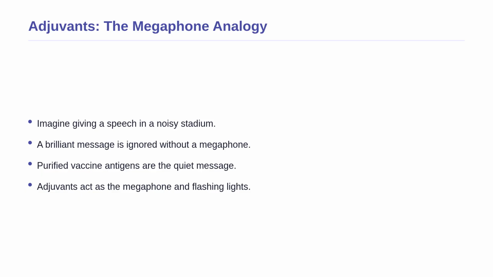In the world of immunology, an adjuvant acts exactly like that megaphone. When we give a vaccine, the purified antigen is the message, but it is often too quiet and safe-looking to wake up the immune system. We mix the antigen with an adjuvant to create a loud, localized alarm that forces the immune system to pay attention.